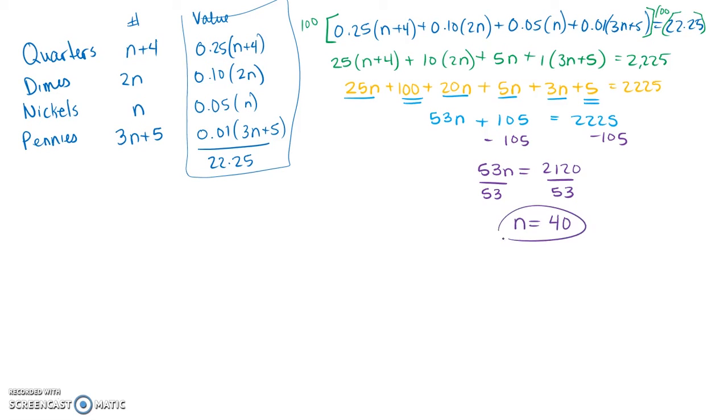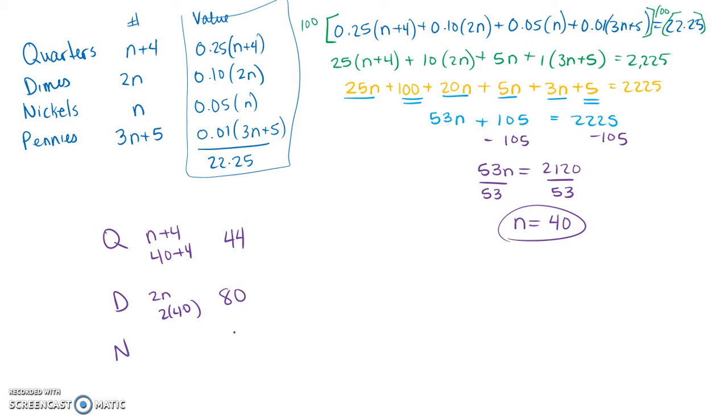Now, once I found n equals 40, I'm almost done, but I have one more thing I have to do, and that is go back and say, now, how many of each did I have? Well, for quarters, I had n plus 4, which is 40 plus 4. So for quarters, I have 44. Then for dimes, it was 2n, or 2 times 40, so I will have 80 dimes.